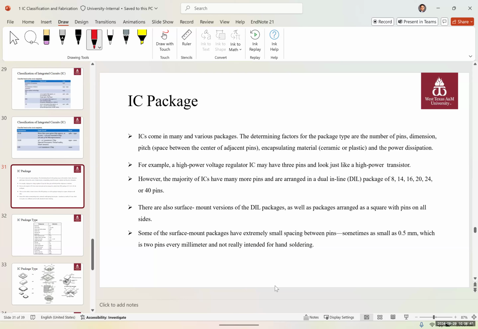The pins also could be like double inline pins, meaning they have pins on both sides, or they could have pins on all 4 sides, or it just could be a linear one line of pins, like a voltage regulator, which looks pretty much like a transistor.